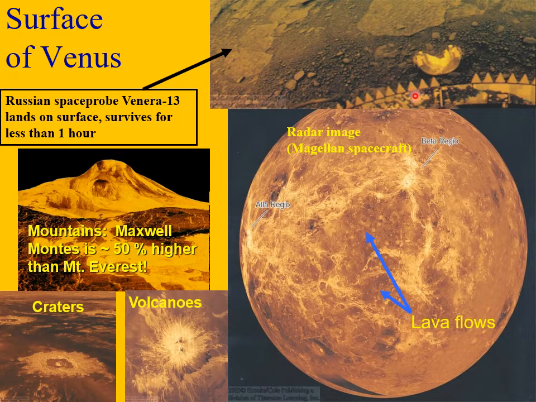You can see the landing pad of the spacecraft here, and some of the sandy and rocky soil on the surface of Venus. This is a radar image of a mountain on Venus that's 50% taller than Mount Everest. You can also see craters and volcanoes and lava flows in these radar images of the surface of Venus.